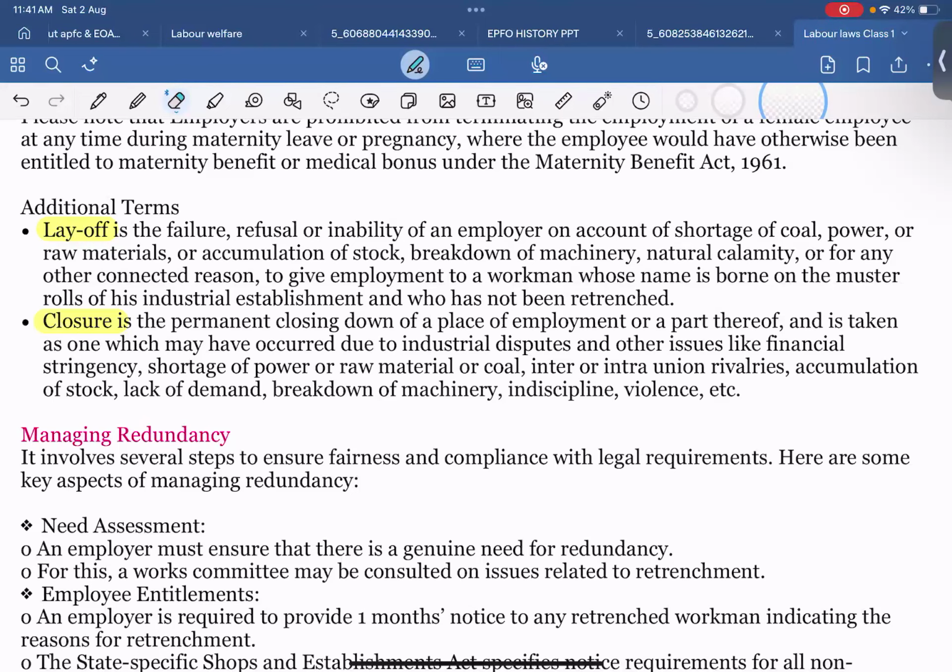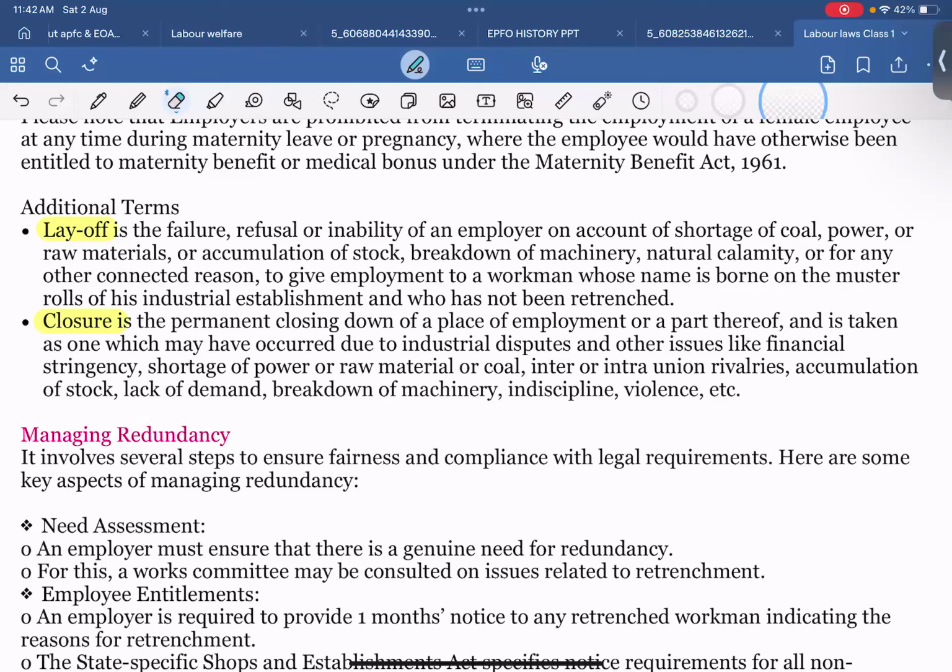Okay, understand one thing clear. Layoff comes when, you have seen that in TCS. Layoff means that I don't have that much work so that I can provide you the work.